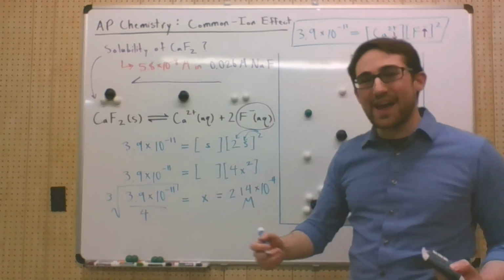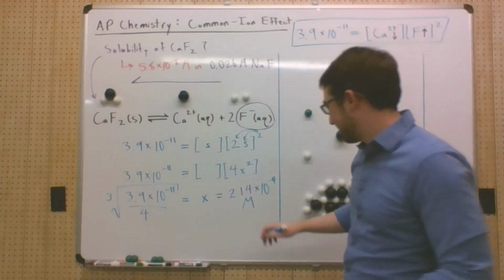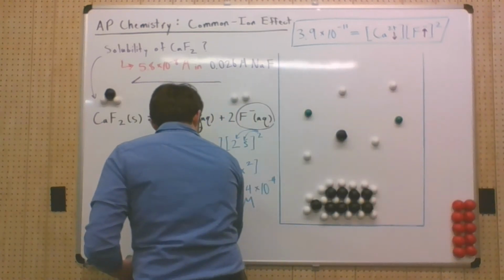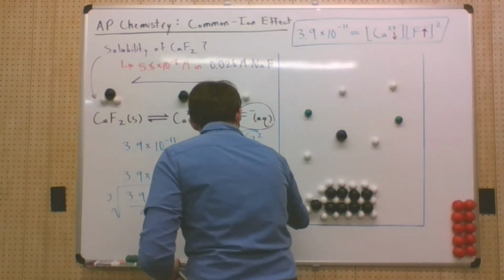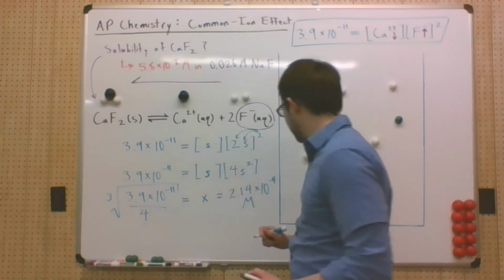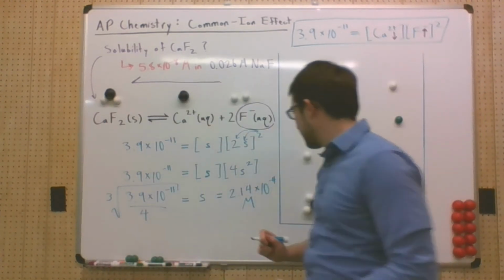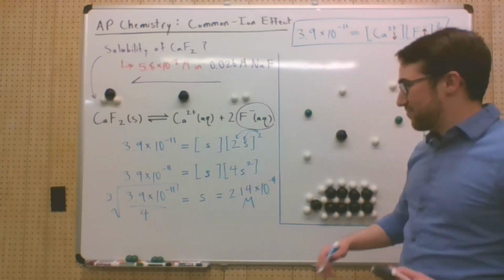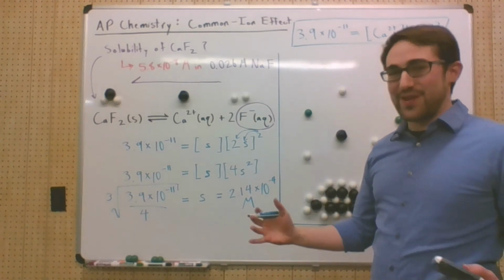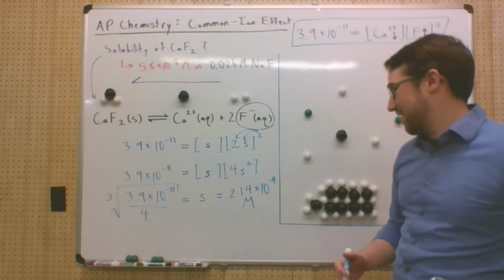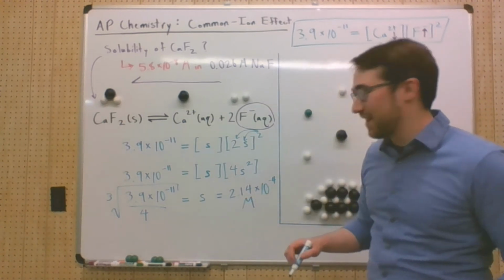That way you don't forget that you got to figure out the solubility. So my solubility under normal circumstances with no solution of sodium fluoride in there is 2.14 times 10 to the negative fourth.